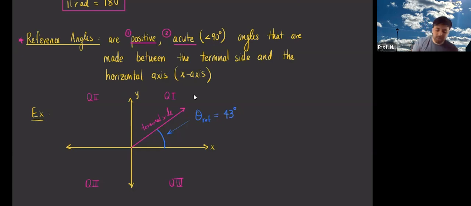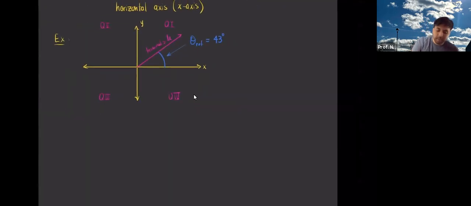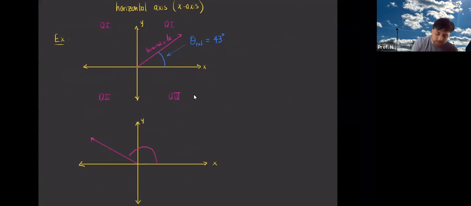So it's not really much to say here. But what if I have another one of these graphs here? And this time my terminal side is in the second quadrant, and the angle that's referred to this terminal side is 150 degrees. As you can tell, this is not my reference angle.